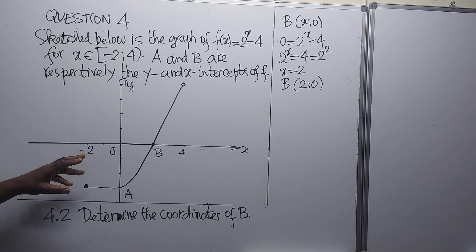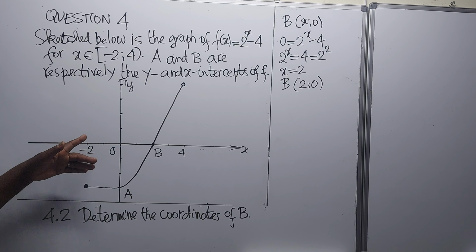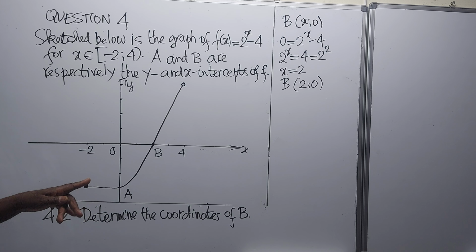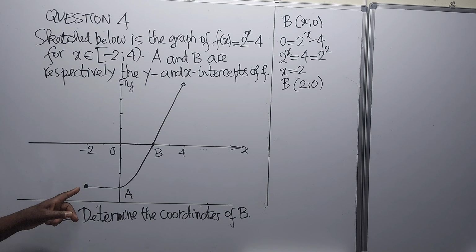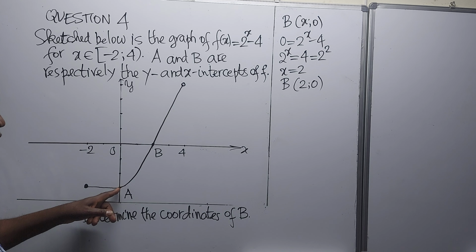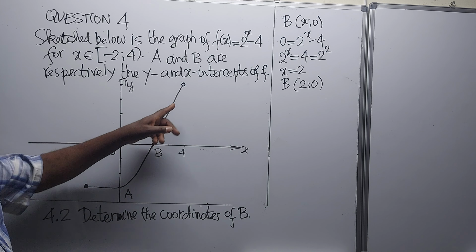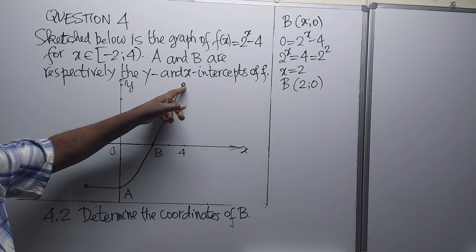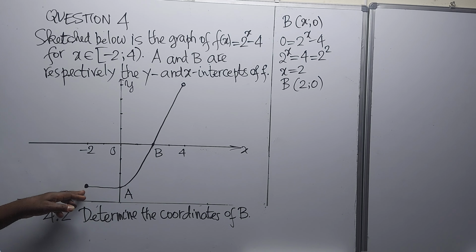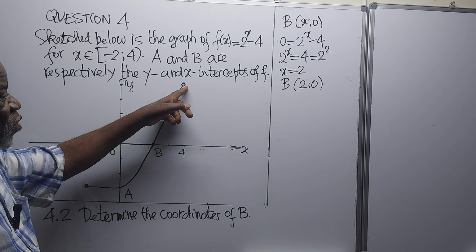When we look carefully at this graph, we can see that the function starts from -2, passes through A, through B, and stops here. This dot is closed, and this one is open.